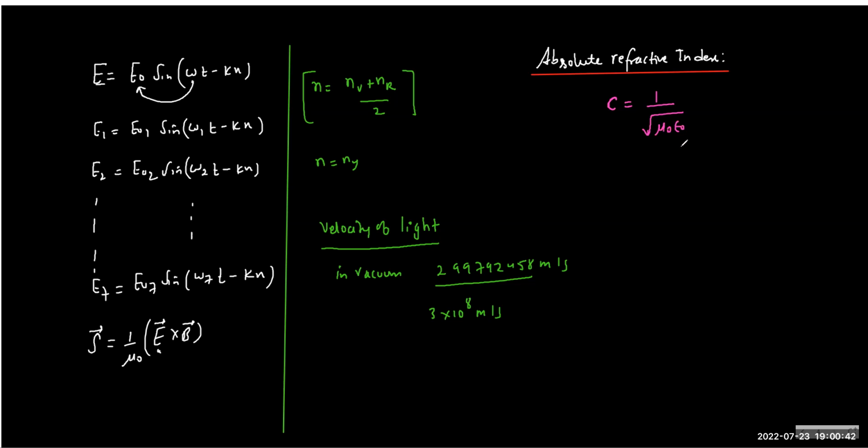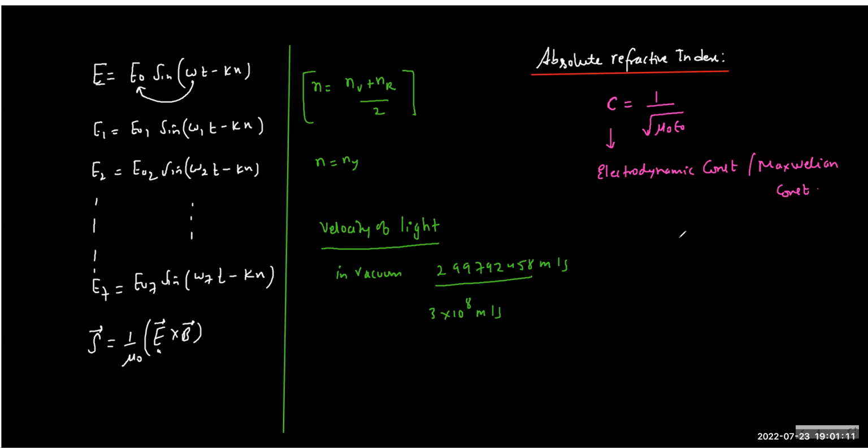So the dependency of this C is called the electromagnetic constant or electrodynamic constant, also called the Maxwellian constant. And when Maxwell was studying the electromagnetic wave, he came across this number.